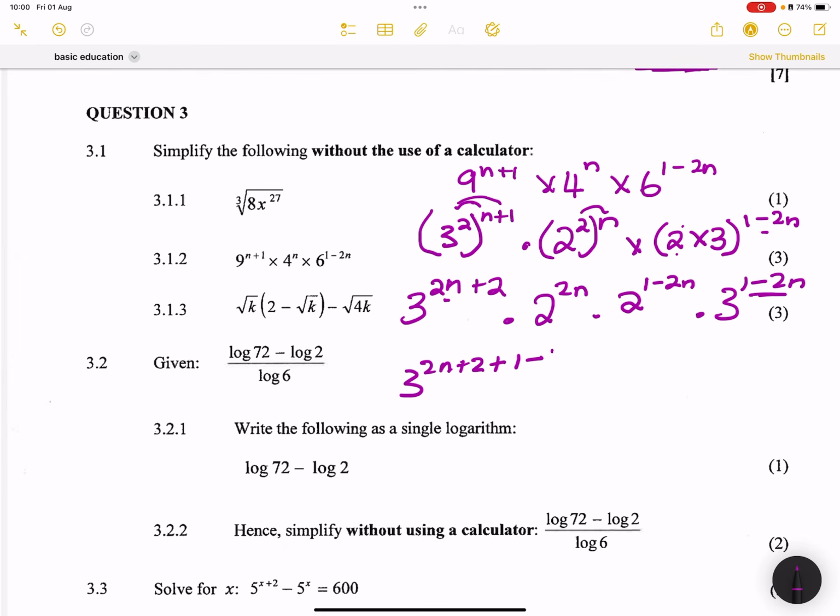And for base 2, you've got 2 to the exponent of 2n plus 1 minus 2n. Okay, so let's simplify. Minus 2n and 2n cancel each other out. I'm left with 3, that's 2 plus 1, raised to the exponent of 3. 2n and minus 2n cancel each other out. I'm left with just 2 to the exponent of 1.